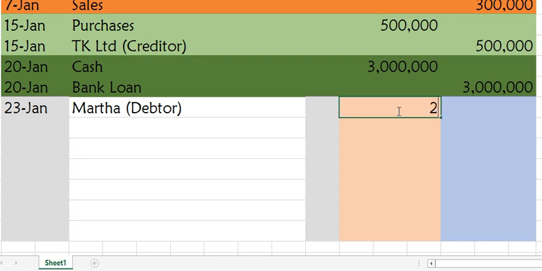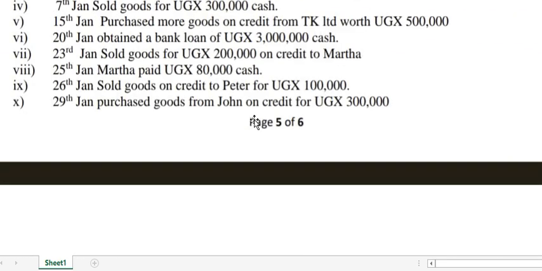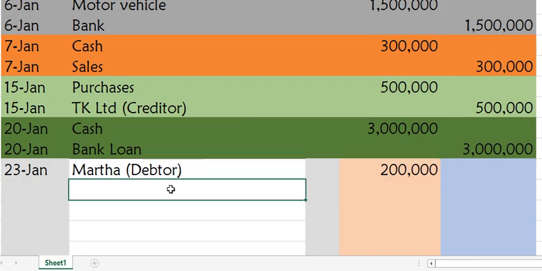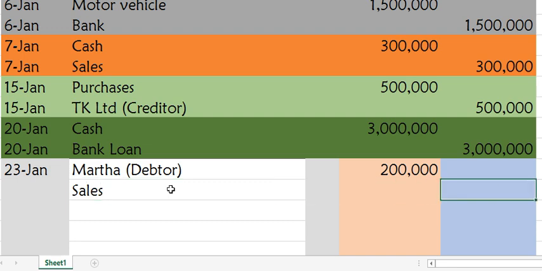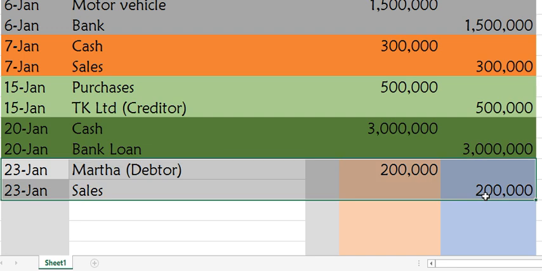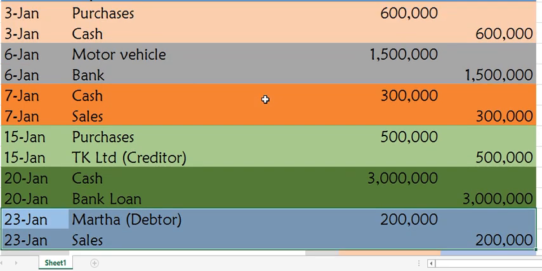So Martha's account should be debited. Then this is a sale. Of course, when we sell goods to Martha, our sales are going to increase. Sales is an income to the business. Incomes increase with a credit entry. That's our transaction on 23rd.